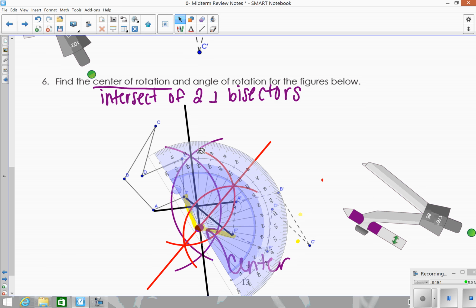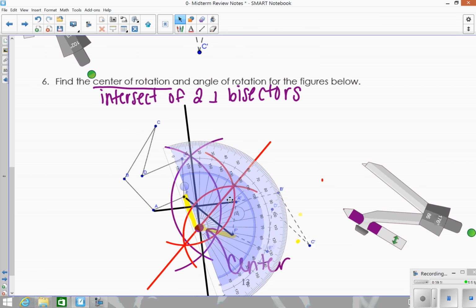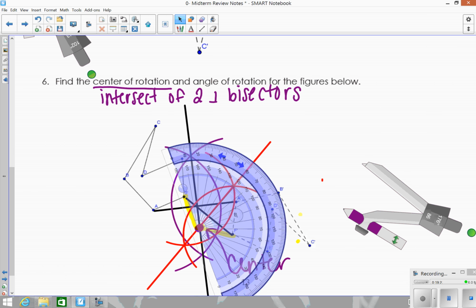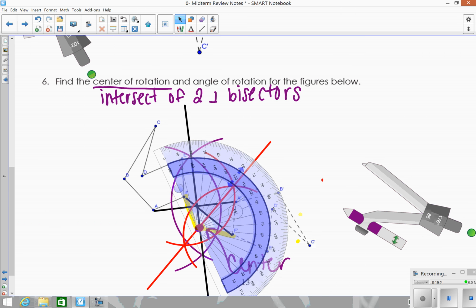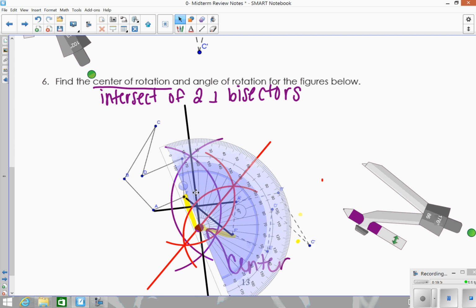Now this is going to be a little bit off because my lines are so thick here. And then I need to make the edge of the protractor line up with my angle. So trying to make this as accurate as possible. So there's the center, there's the line, and then you're just going to measure it, from 0 to where the yellow line crosses.